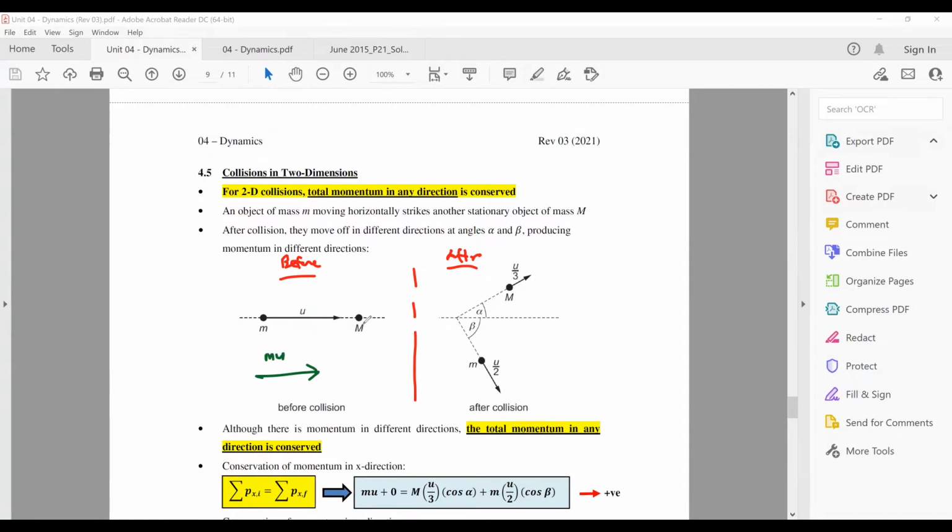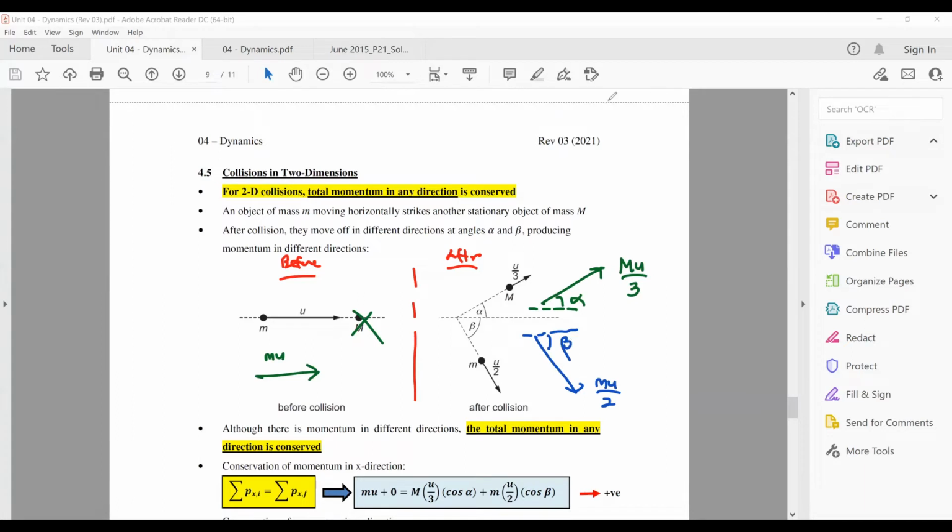This one has no momentum. If I draw the vector arrow for the momentum after collision, this one will be mu over 3 at the angle of alpha, whereas this one would be mu over 2 at the angle of beta.